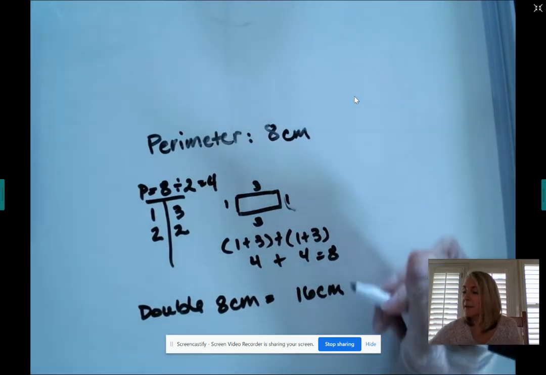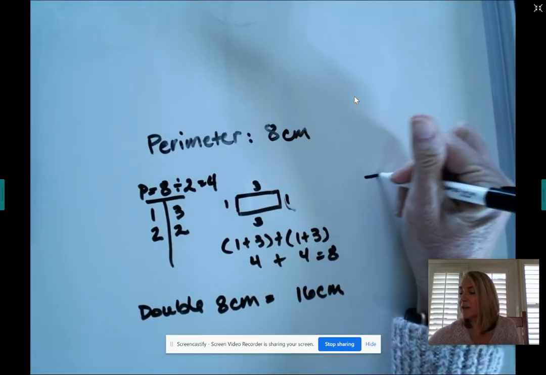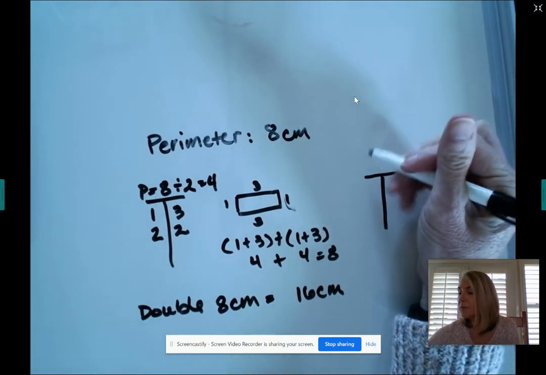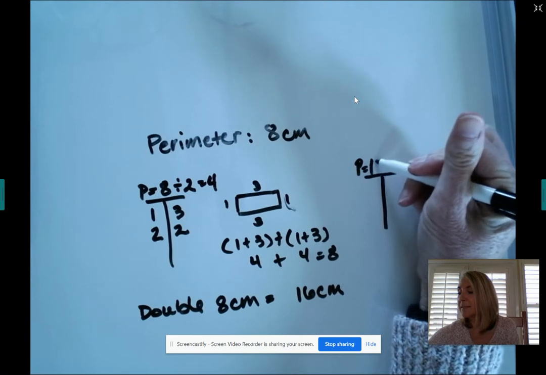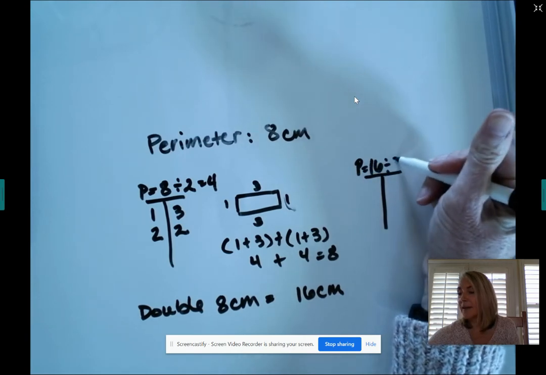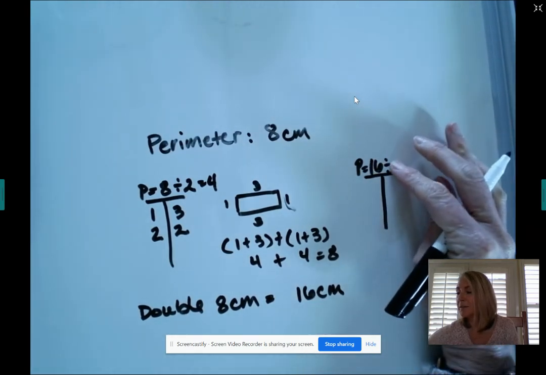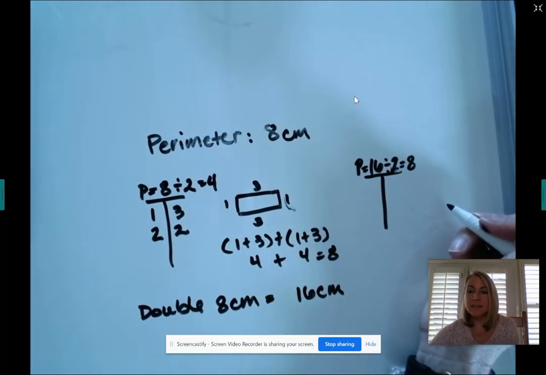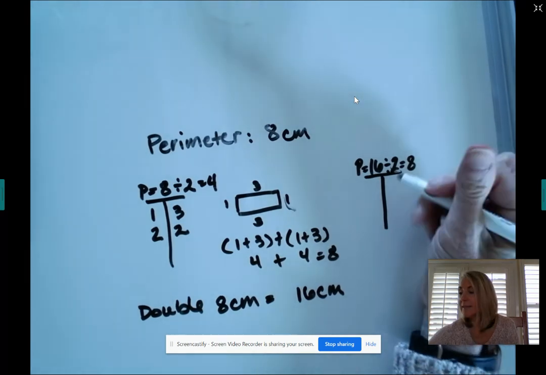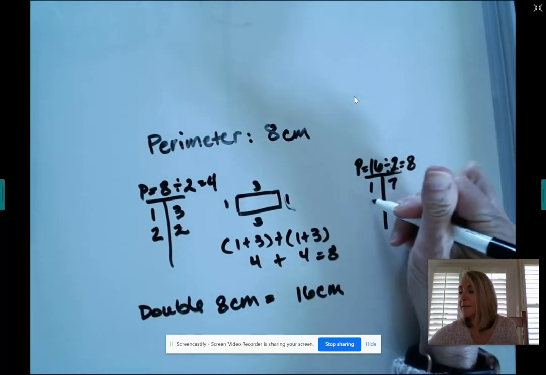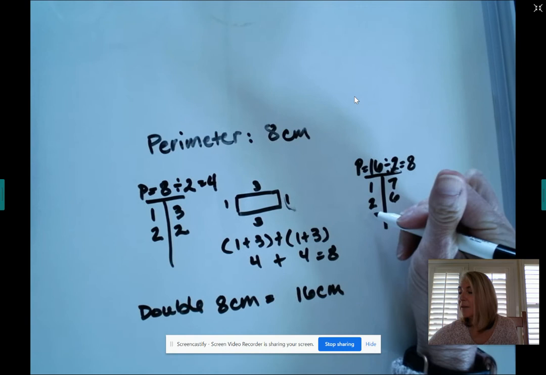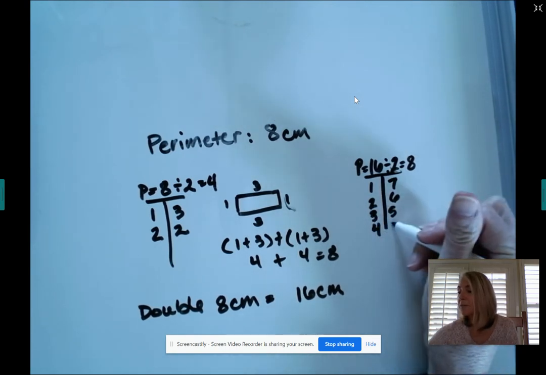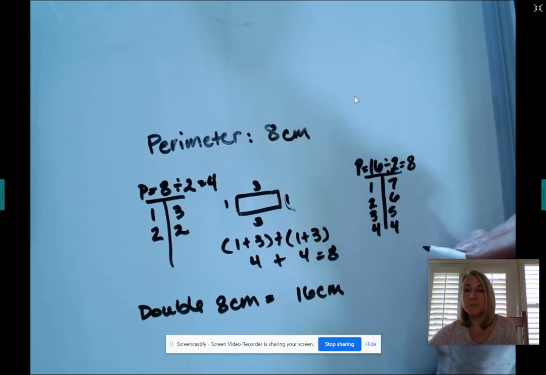I would just build another T-chart. I'm going to work over here because I'm running out of room down below. So if I have a perimeter of 16, I would just divide that by 2 and get 8. And then I find the side lengths that would add up to 8 instead. 1 plus 7, 2 plus 6, 3 plus 5, 4 plus 4, I hit a double, which means I'm done.